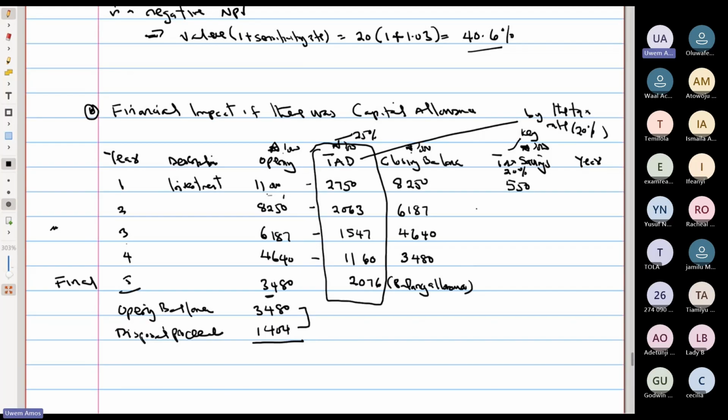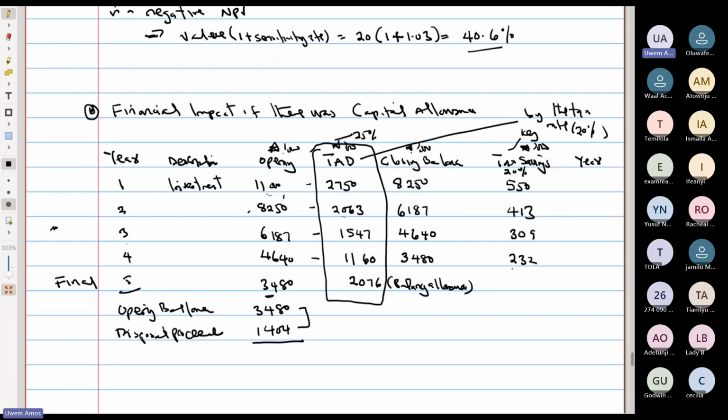2063 multiplied by 20%, 413. 1547 multiplied by 20%. What does that come to? 1547 multiplied by 0.2, 309. 1160 multiplied by 20%, 232.